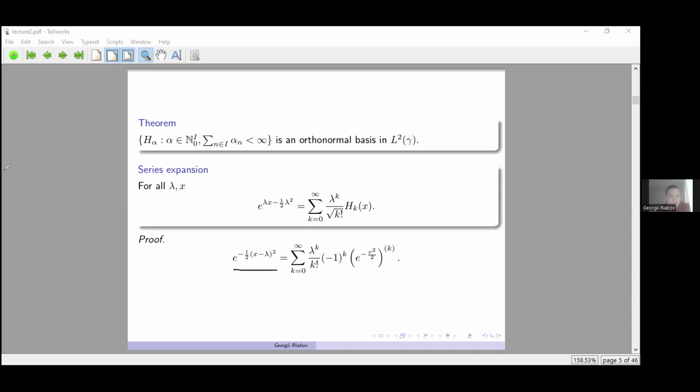Now, to get this exponent, we need to multiply both sides by exponent x squared over 2.